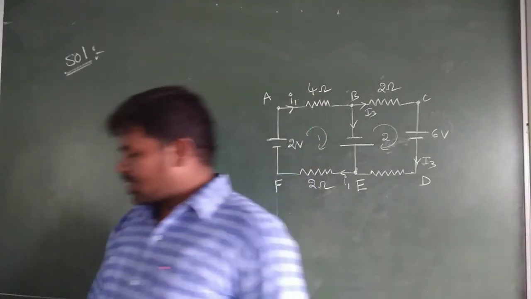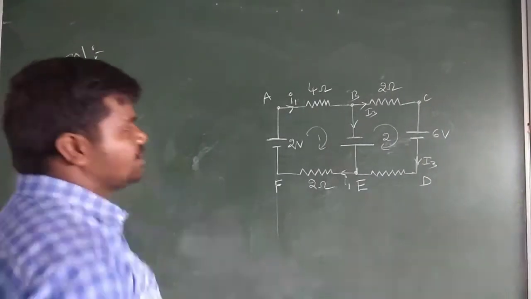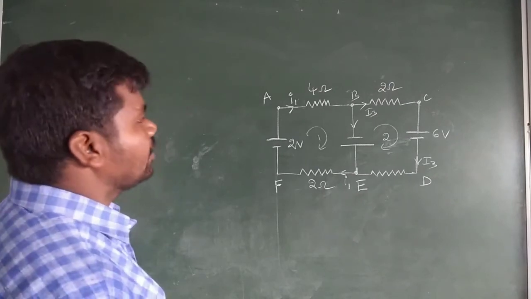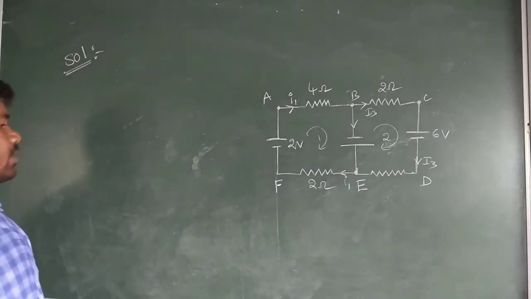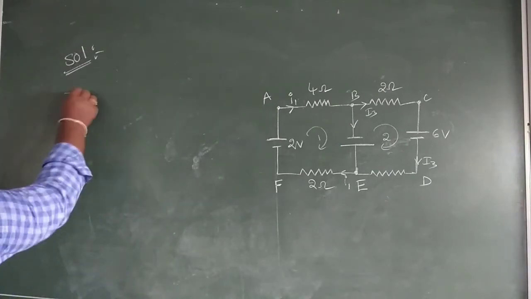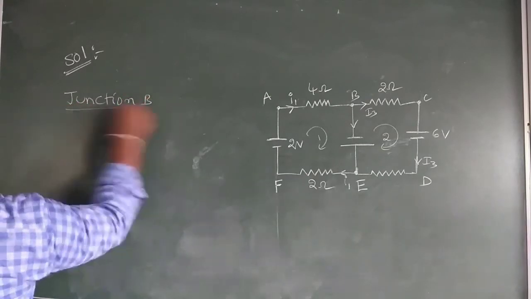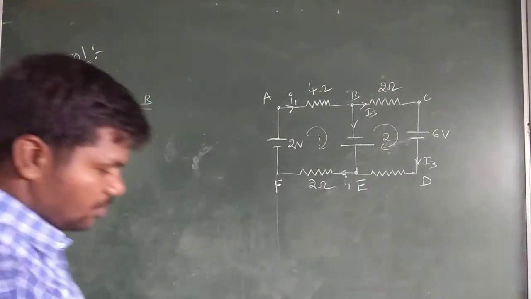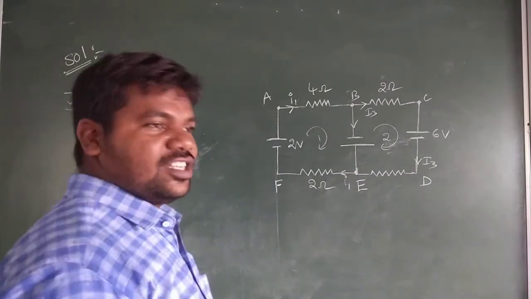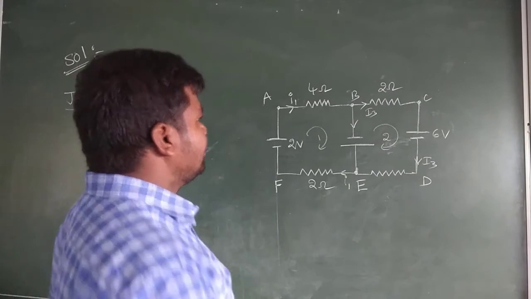Coming to Kirchhoff's first law, we can apply the junction rule. Consider junction B. According to the junction rule, the current entering the junction is equal to the currents leaving the junction.